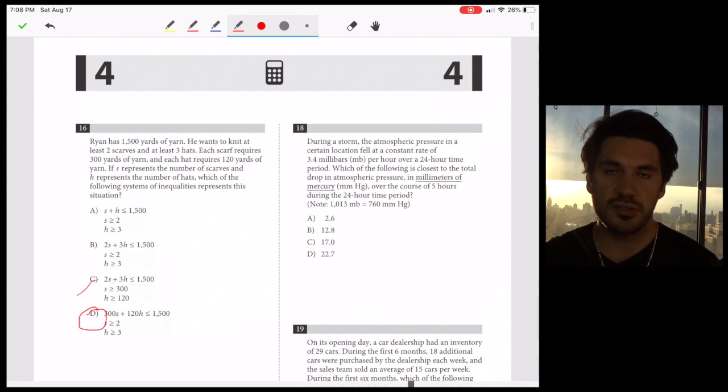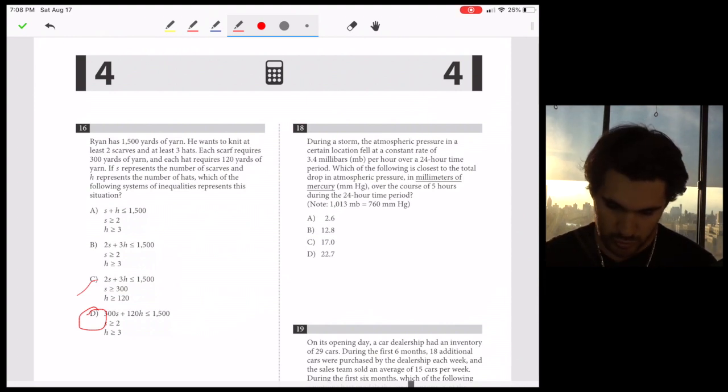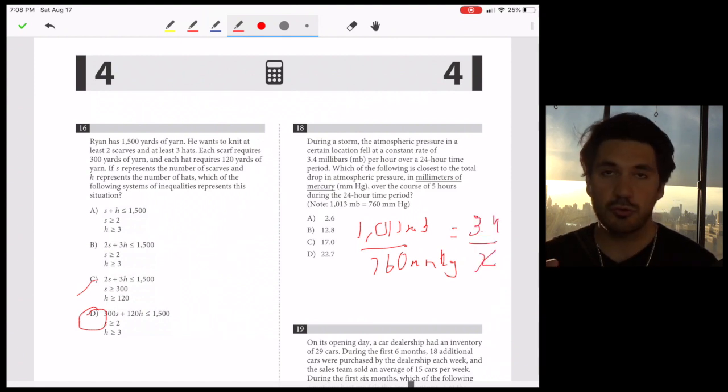So let's just set up a little proportion, I guess. 1013 MB over 760 millimeters Hg equals 3.4 over X. And now all you gotta do is cross multiply.